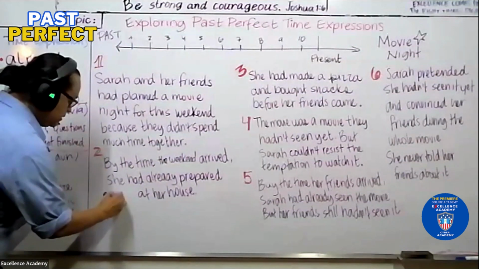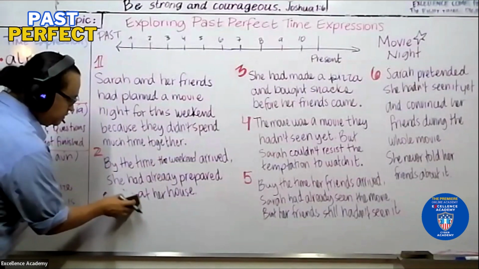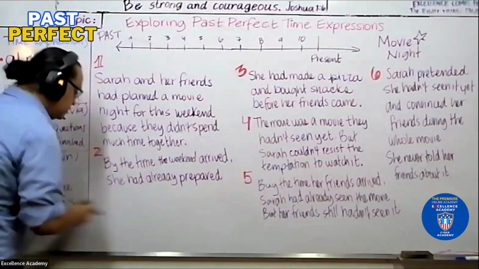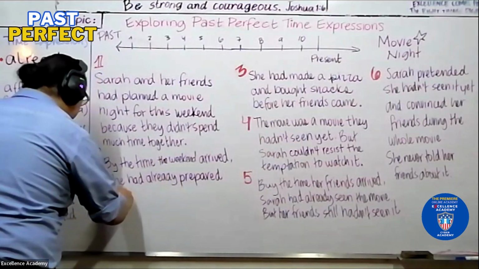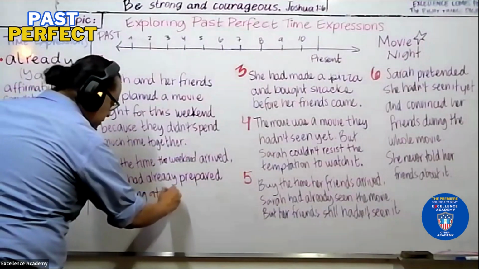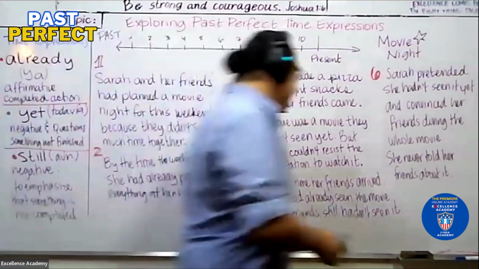Okay, now it's complete. I need a little bit more space here. Let's write this sentence again: everything at her house. All right, let's read it one more time now.